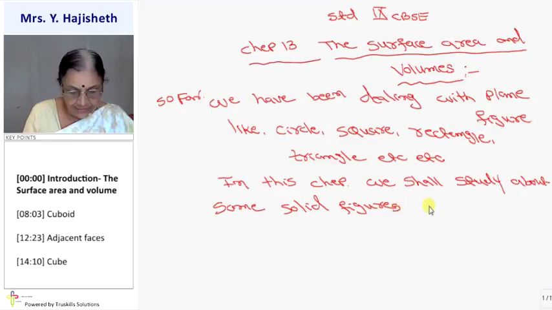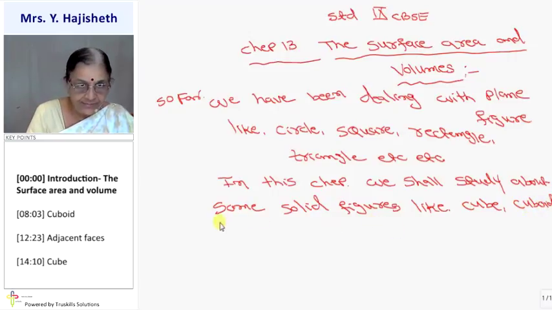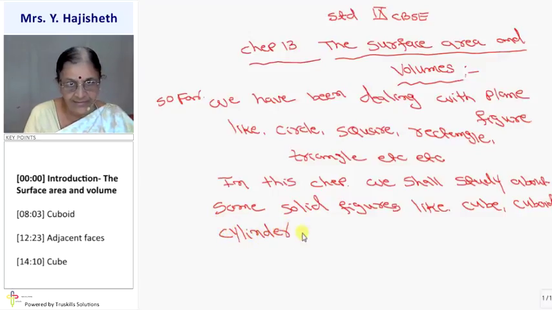Have you seen a cylinder, a cone, an ice cream cone? Cube, cuboid, with which you play. Figures like cube, cuboid, then cylinder, a container to fill water, you have seen, right? Then the ice cream cone, right? Then sphere.